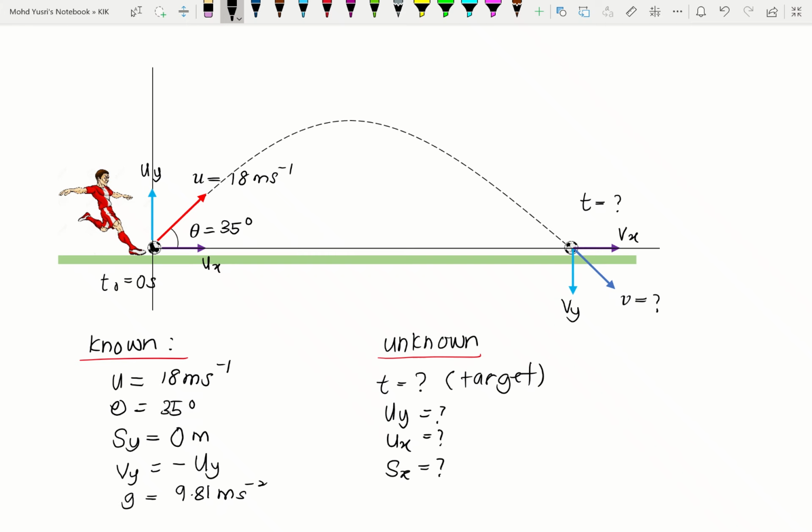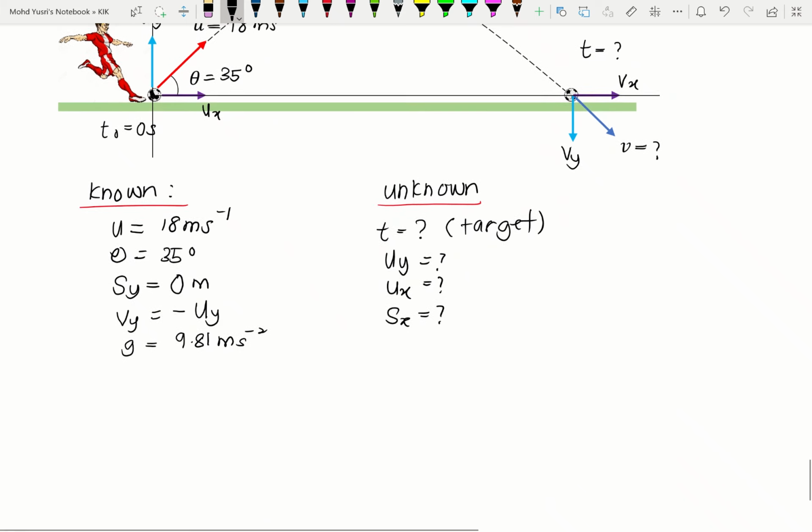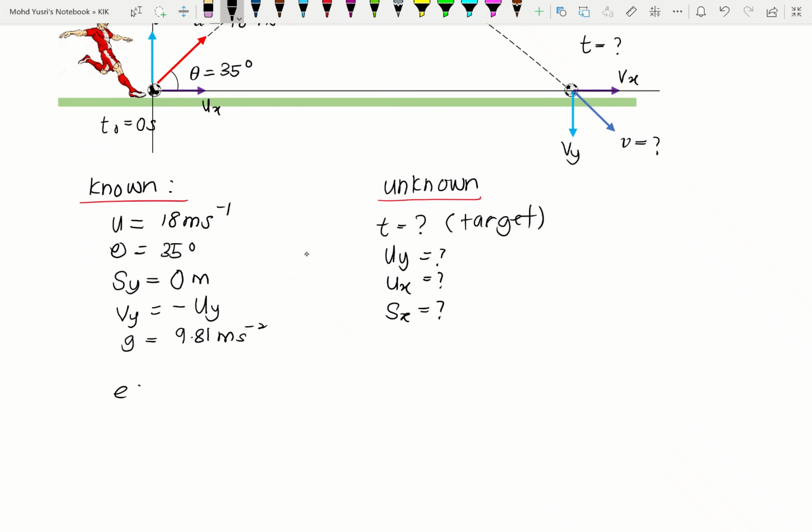Now, by going through the known and unknown values, could you identify the suitable equation to solve the problem? By looking at the known and unknown values, we know that we cannot use the equation in the x component.